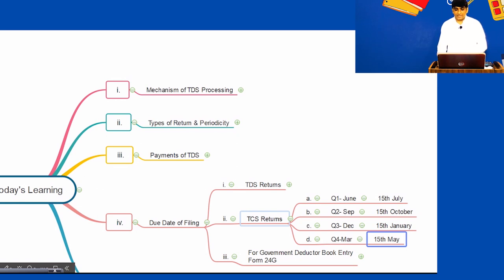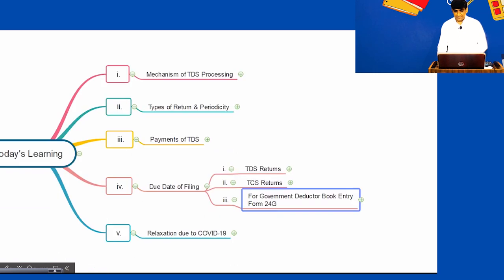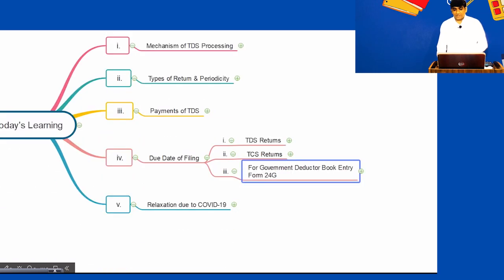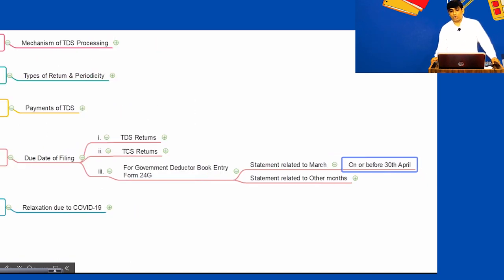Now let's understand about government deductors. In TDS or TCS return for other deductors, the return filing requirement is on a quarterly basis.